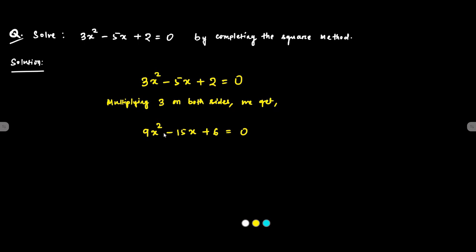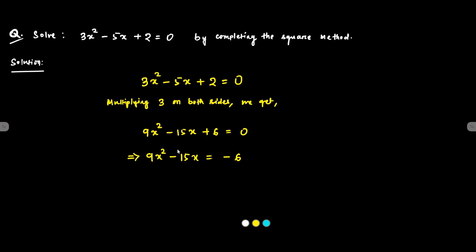Now we'll take this plus 6 part to the other side, and it will become minus 6. So that implies 9x square minus 15x is equal to minus 6. Now we have to convert this into the form a minus b whole square, because there is a minus here.